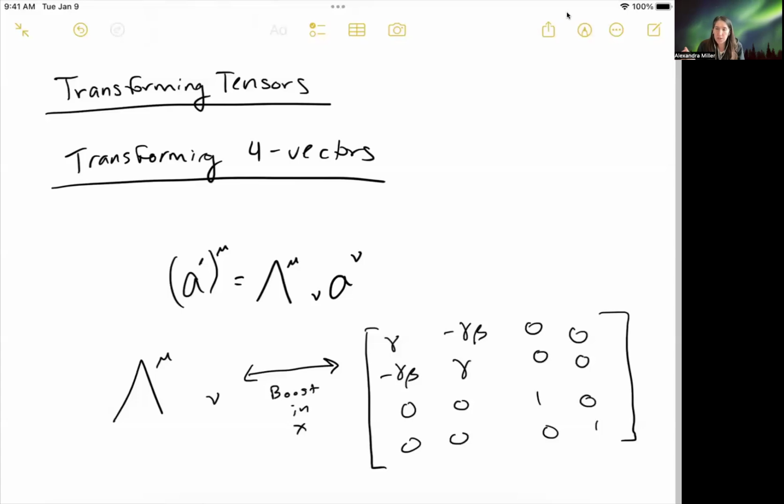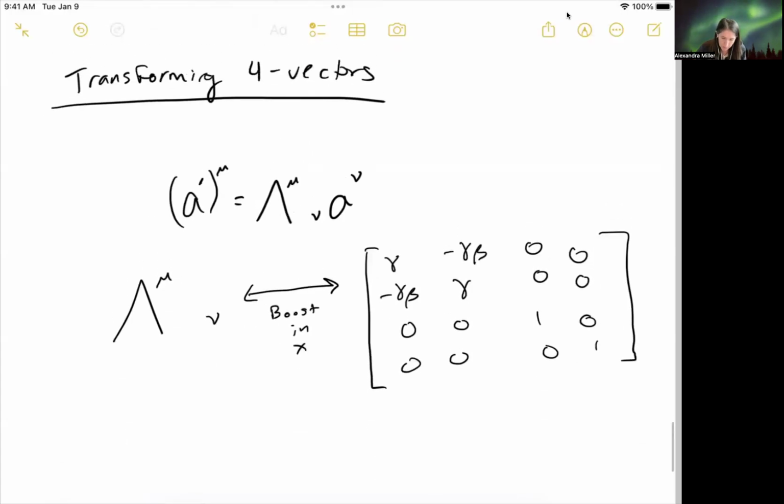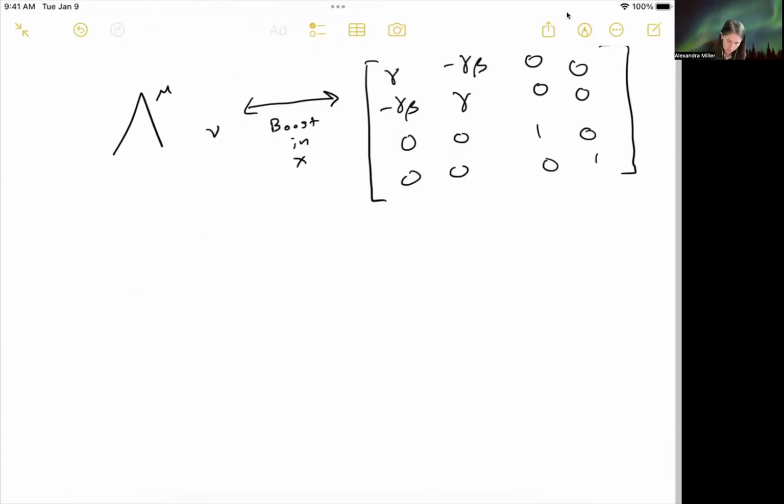Now, what if we start with a four vector in the primed frame, and we now want to transform it to the unprimed frame? So let's think about transforming from primed to unprimed.